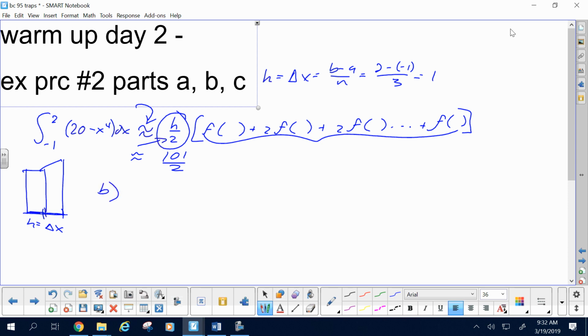B says that what makes for trapezoids over or underestimating is not about increasing, decreasing, but about concave up, concave down. If you use trapezoids on a concave up function, the trapezoids will lie above the curve and overestimate. If you use trapezoids on a concave down function, the trapezoids will lie under and underestimate.